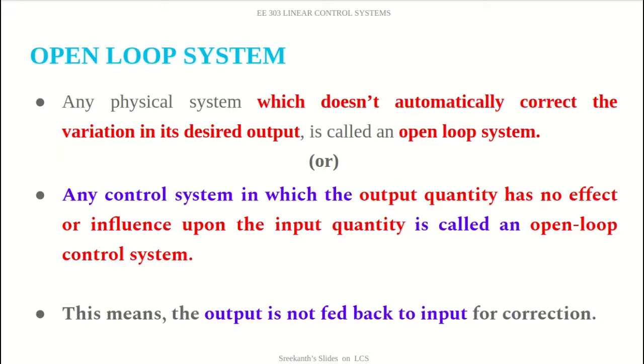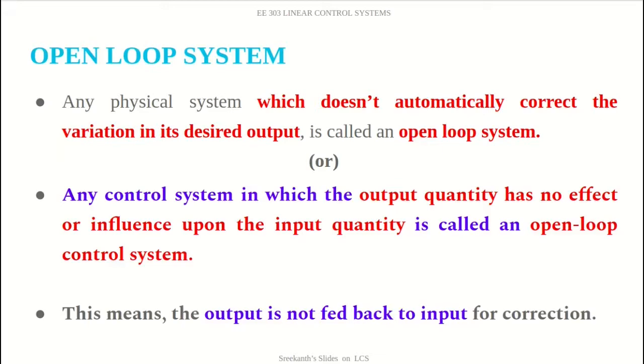Now one of the best examples of an open loop system is a washing machine. When we are using a washing machine, you put in the clothes and the washing powder and then you run it for a specific time. The thing to notice is what exactly is the output that we want.